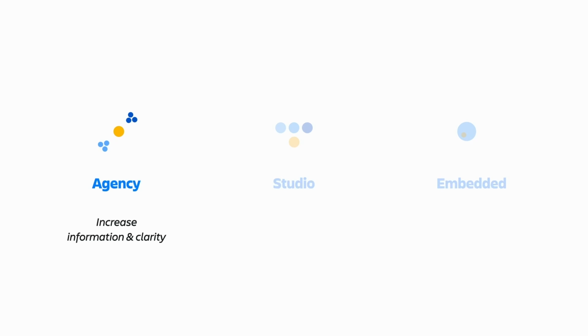So first, let's think about the main problems that this agency way of working is facing today. And that's communication, or often lack of communication, especially between the designers and the development teams.